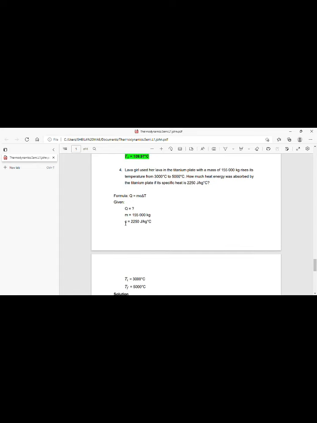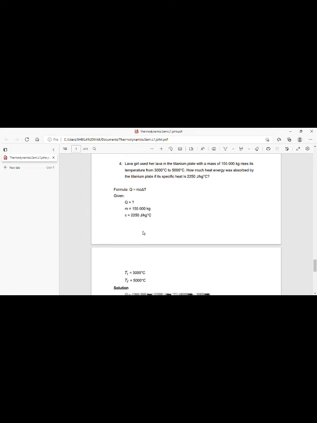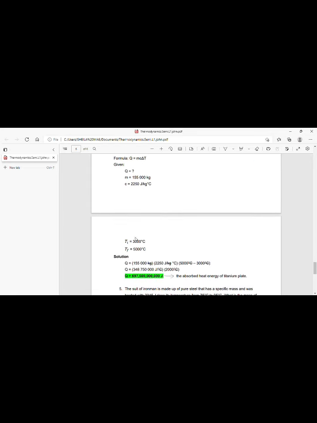Given here, the missing is the heat energy, which is the Q. Our mass is 155,000 kilograms, and our specific heat is 2,250 joules per kilogram degree Celsius. Our initial temperature is 3,000 degrees Celsius and the final temperature is 5,000 degrees Celsius.